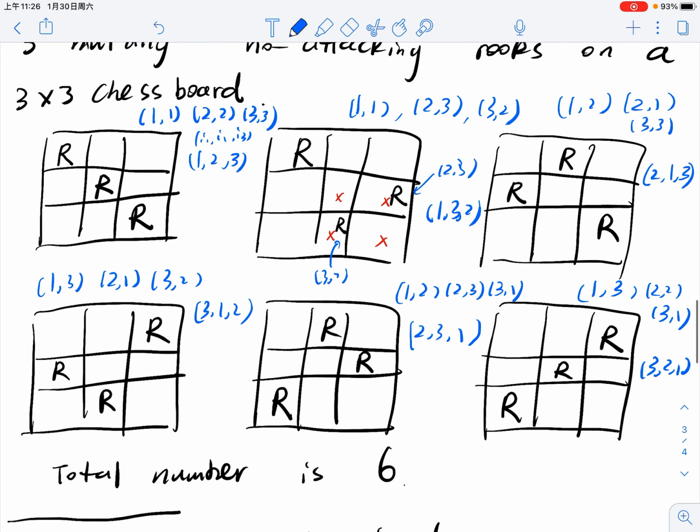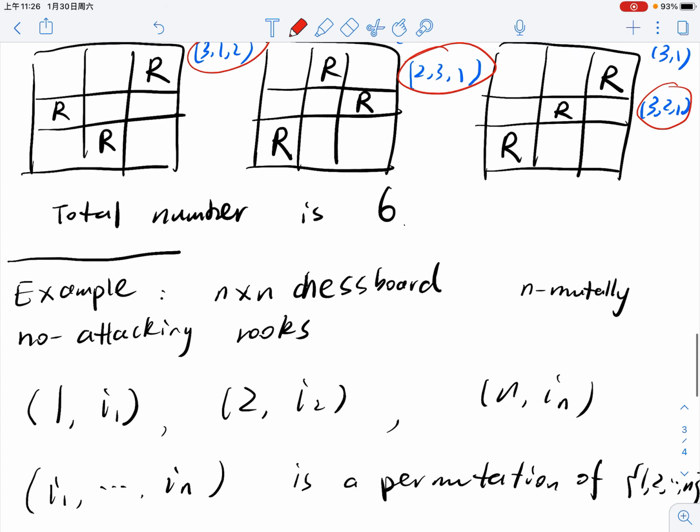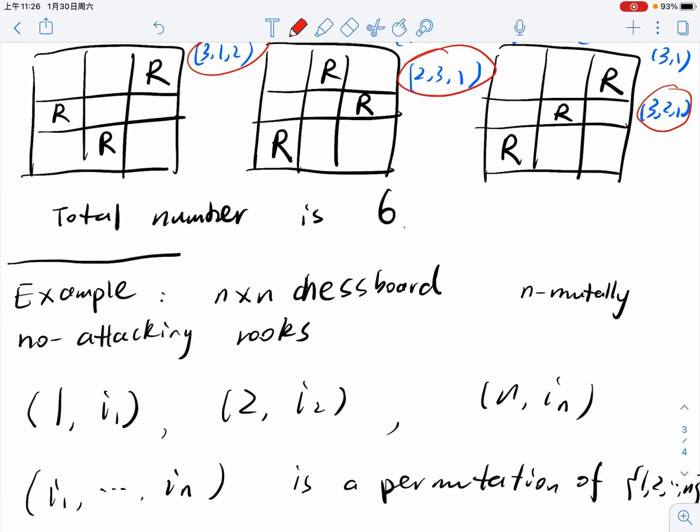And then if you look at those permutations, 1, 2, 3; 1, 3, 2; 2, 1, 3; 3, 2, 1; 2, 3, 1; 3, 1, 2, they are just permutations of 1, 2, 3.